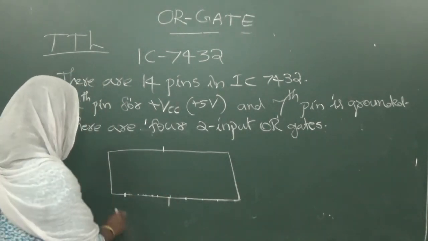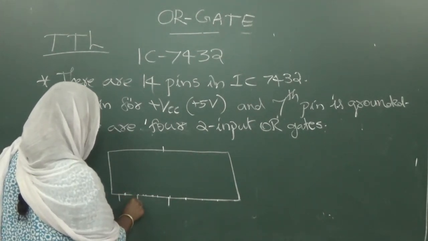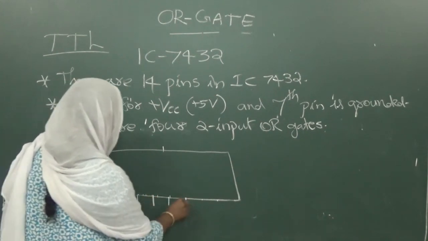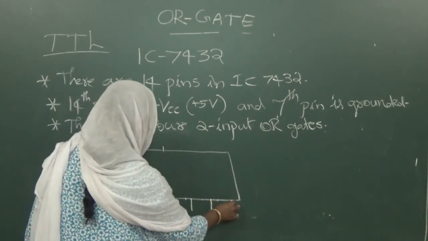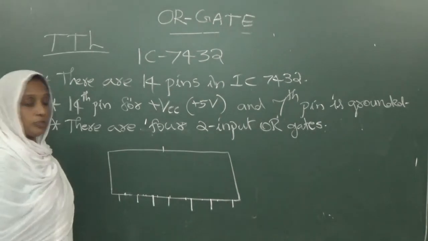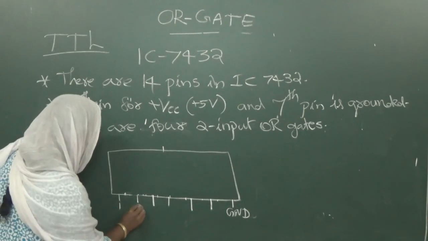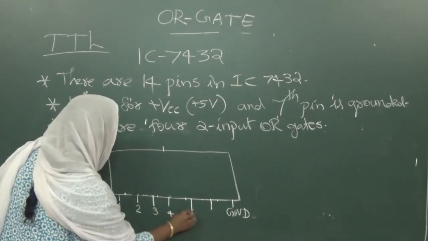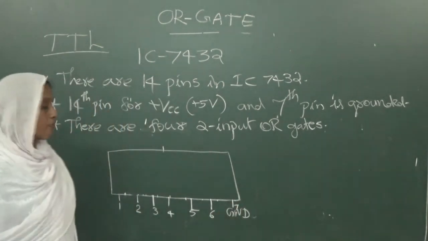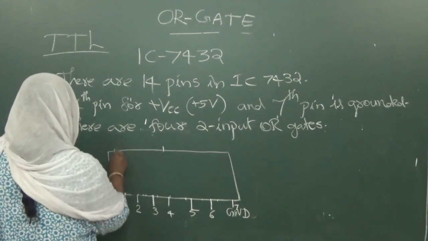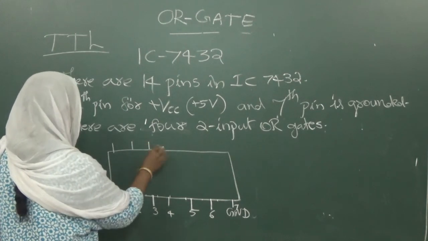Seven pins here: 1, 2, 3, 4, 5, 6, 7. Okay, this one is 7, ground. Now, here also you need 1, 2, and 3.